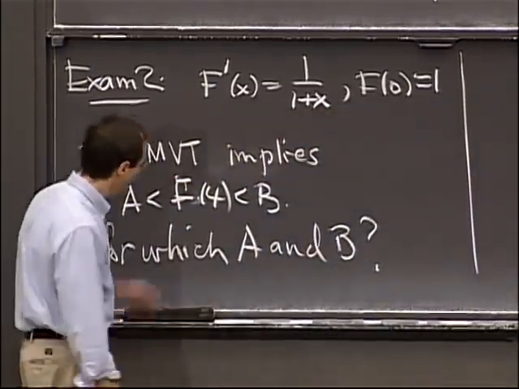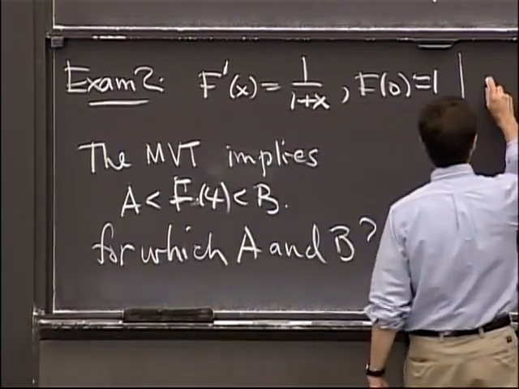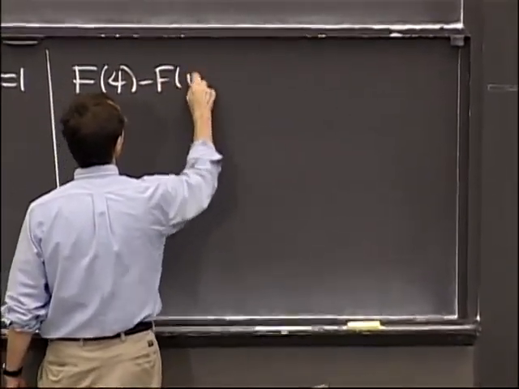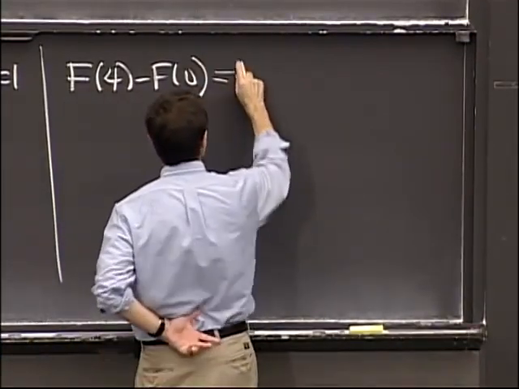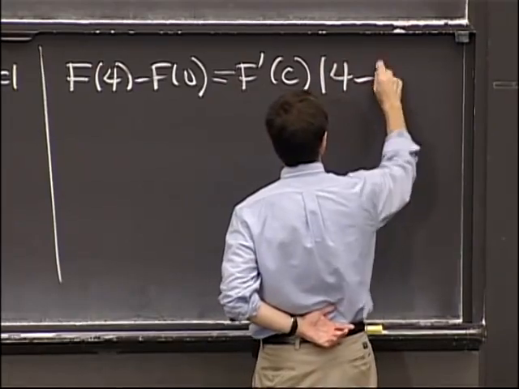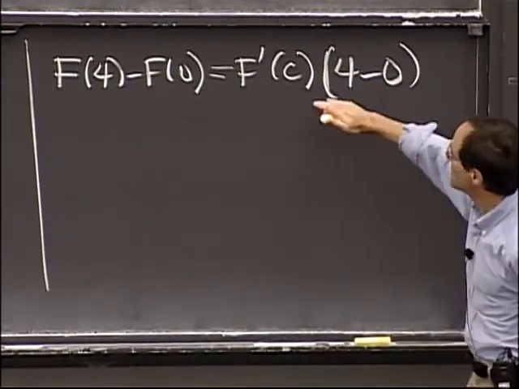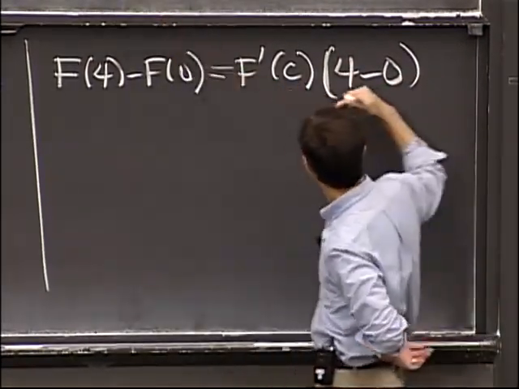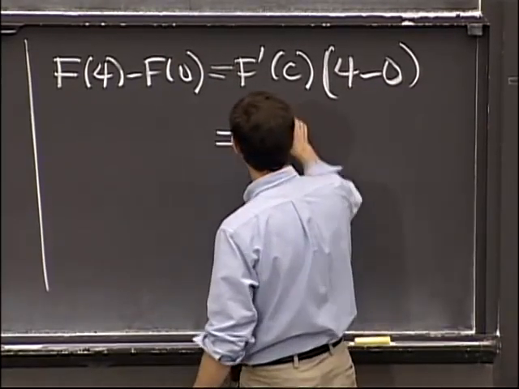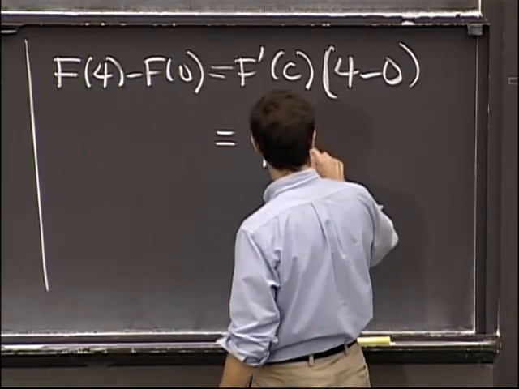it says. Well, the mean value theorem says that f of 4 minus f of 0 is equal to f prime of c times 4 minus 0. This is this f prime times delta x. This is the change in x. And that's the same thing as 1 over 1 plus c times 4.